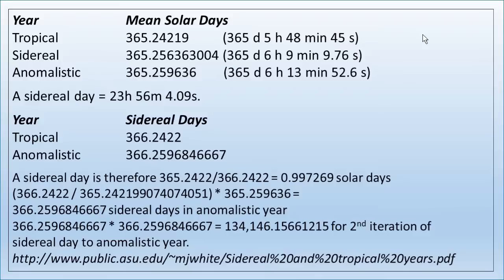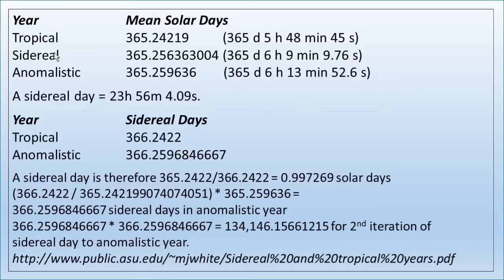So a sidereal year is very, very slightly longer. There you have it. It's a little more than 20 minutes longer. And then an anomalistic year, the time it takes the sun to return to the perihelion or aphelion, is very, very, very slightly longer, 4 minutes longer than the sidereal year.